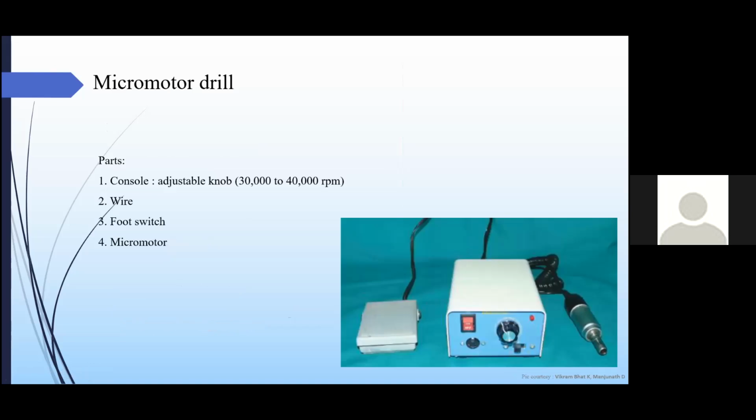This is a micromotor drill, which is seen in almost all the temporal bone laboratories, and is very good for carrying out dissection or surgeries. It has the following parts. This is a console. It has an adjustable knob for providing a revolution of up to 40,000 revolutions per minute, a connecting wire to the handpiece and to the foot switch, and the micromotor.